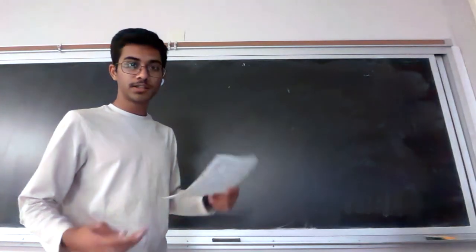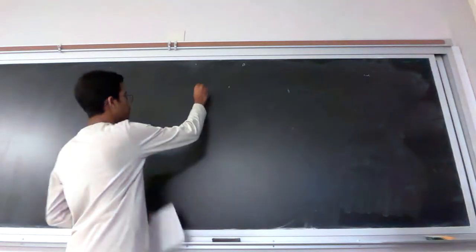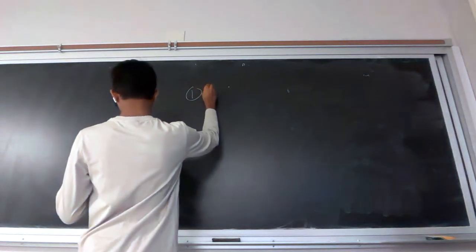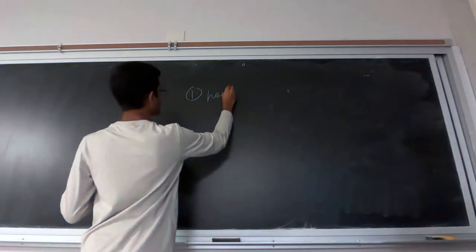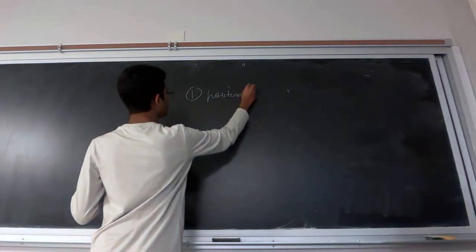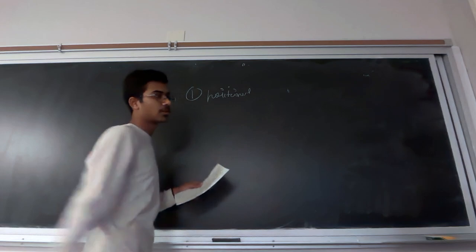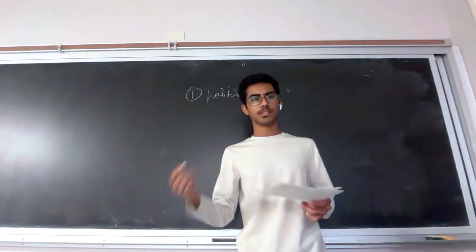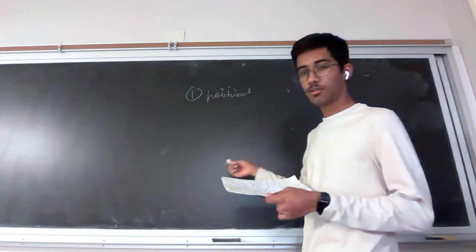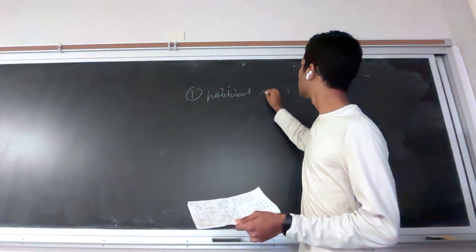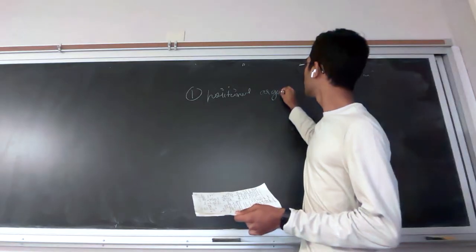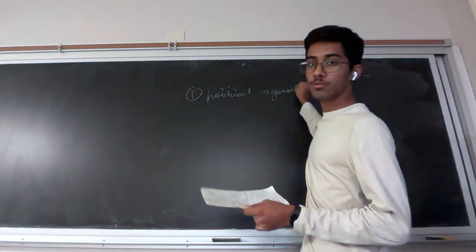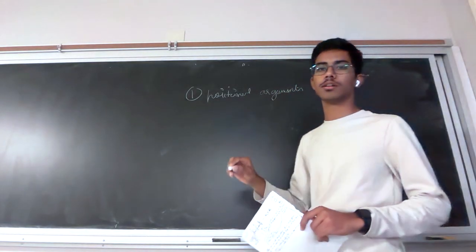Now the three different types of parameters are: number one, positional parameters or arguments. Normally they are used interchangeably. For now, I'm going to call it positional arguments because, as you'll see, these are the values that we are sending into the function.